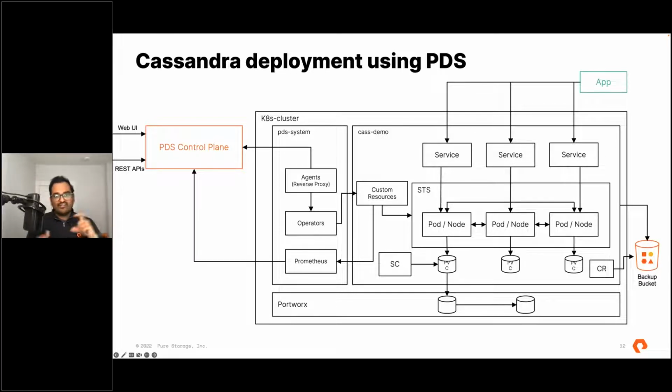And then since we own the storage layer as well, we also will create replicas and spread them across the cluster. So let's say you lost one of the nodes in Amazon EKS. Obviously, EKS and Kubernetes brings up a new Cassandra pod on a different node in your cluster.